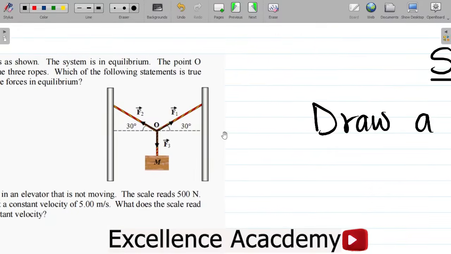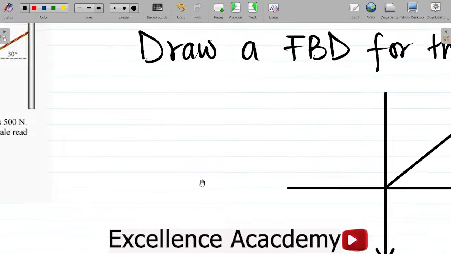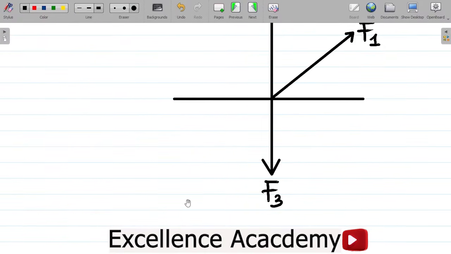Coming back to this, you can see F1 pointing this way, northeast. So this is F1. The angle here is 30 degrees.